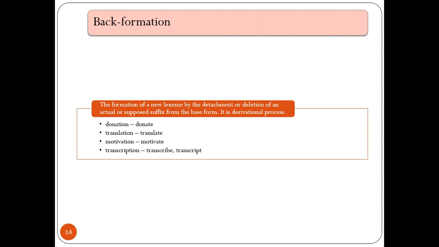And it is also a derivational process, you know that. So from motivation we get motivate. On the left side we have nouns, on the right side we have verbs that have been derived from the initial forms. And there is one more example: transcription. We have transcript, which is also a noun, and transcribe, which is a verb. So we have derived two different forms from that by back formation.